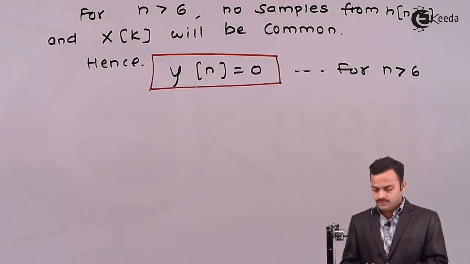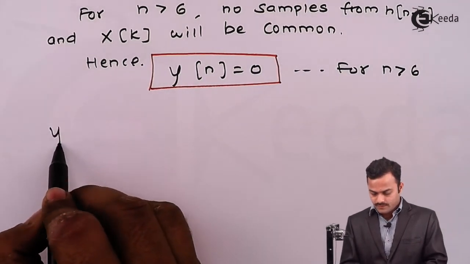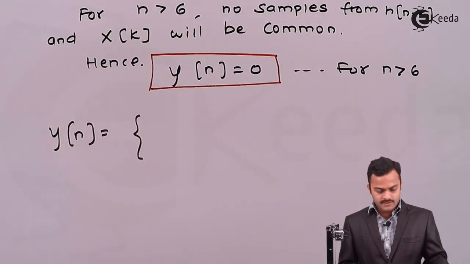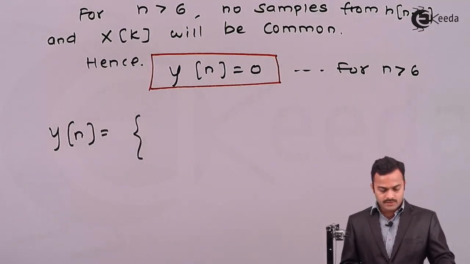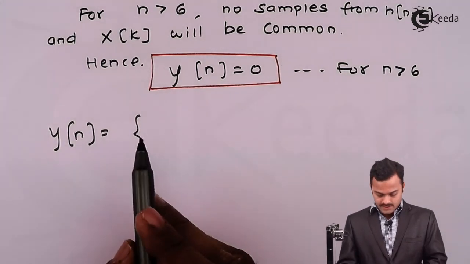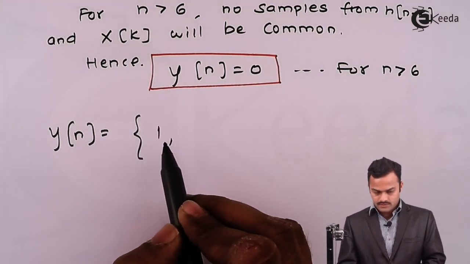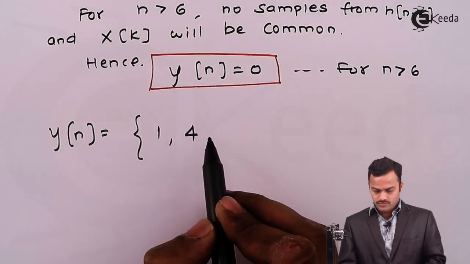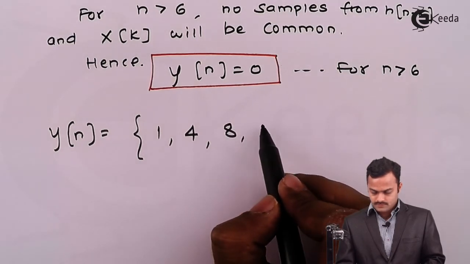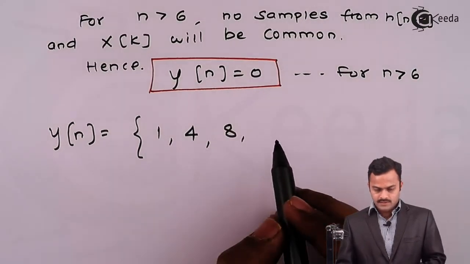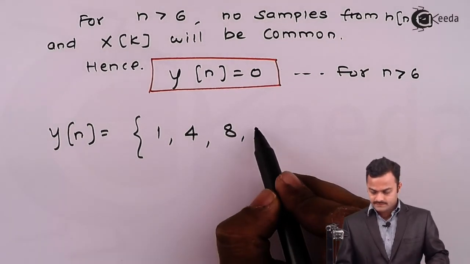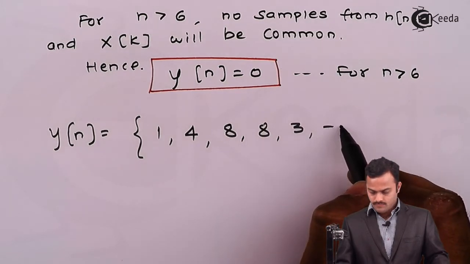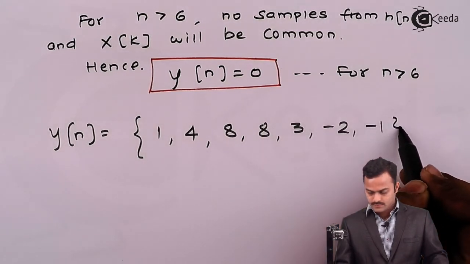So now finally we will get for y of n a sequence where we have calculated all the values. So y of n we will obtain as 1, 4, 8, then once again 8, 3, -2 and -1.